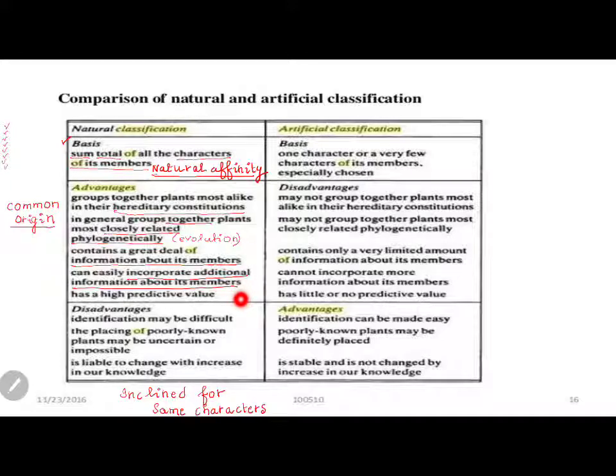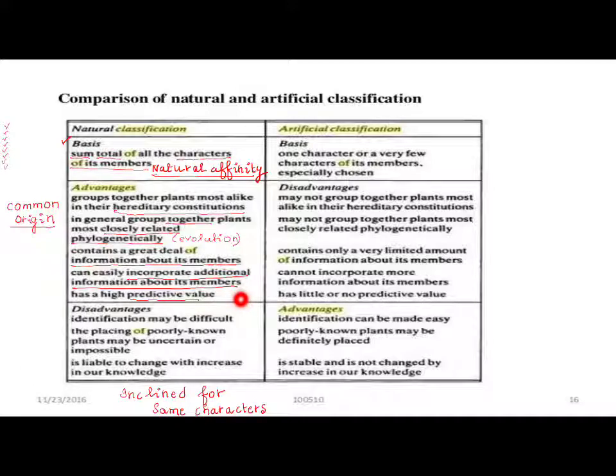Suddenly I was understanding evolution. I found there is something else which has to be added. Then naturally I can add it to the group because I am basing it on common origin. I don't see too much deviation. High predictive value, yes, because I am following how they evolved in nature from a common origin.